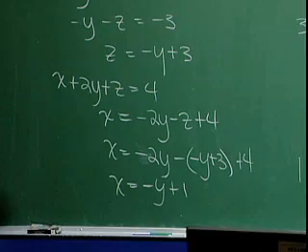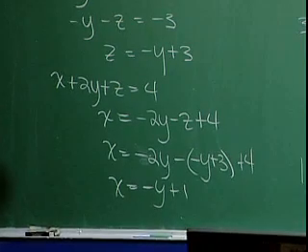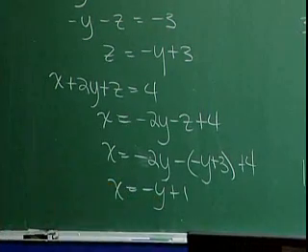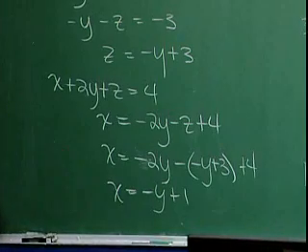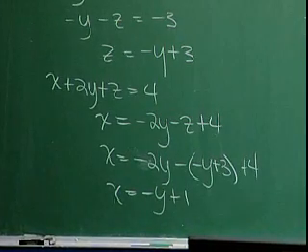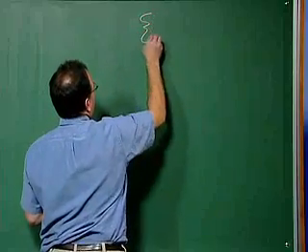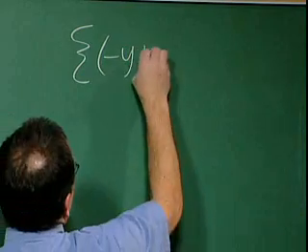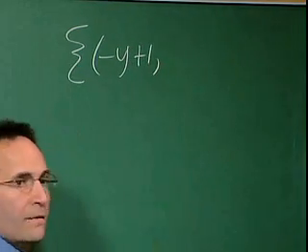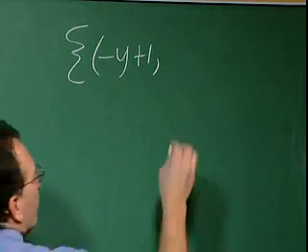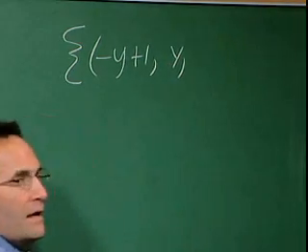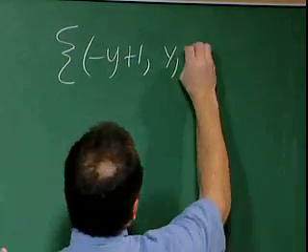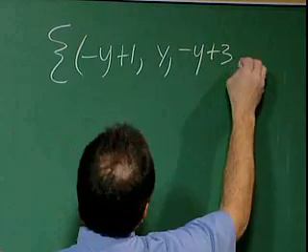So the solution set is dependent on the value of y. And this is what the solution set would look like: the ordered triple, dependent on y, of course, -y plus 1, comma, y, comma, -y plus 3.